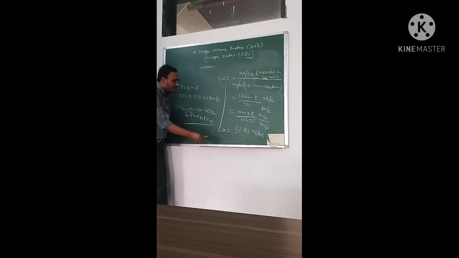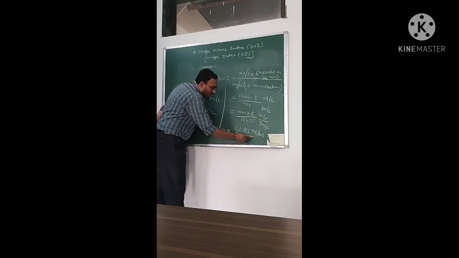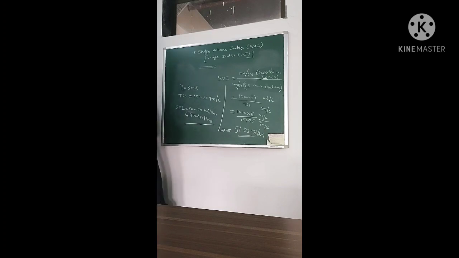Now based on this value we can calculate the amount of sludge which can be returned as activated sludge. This is the concentration of activated sludge which could be deposited at the bottom of the secondary settling tank based on the total volume.